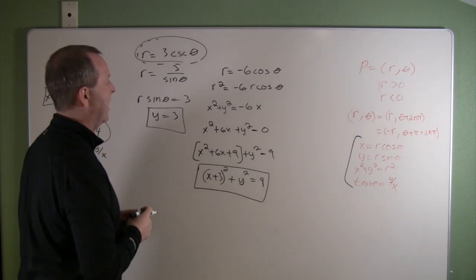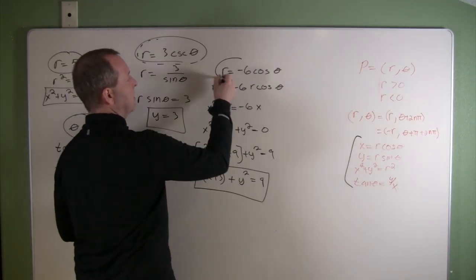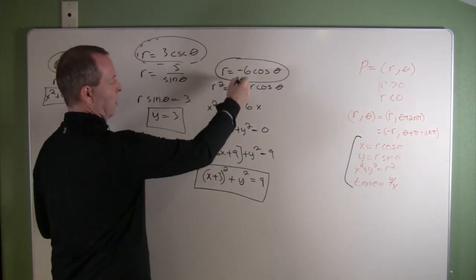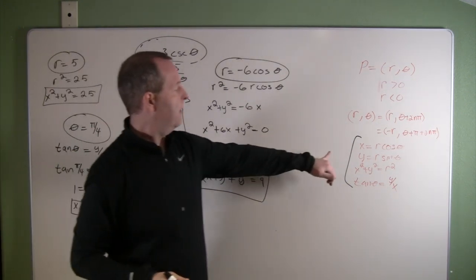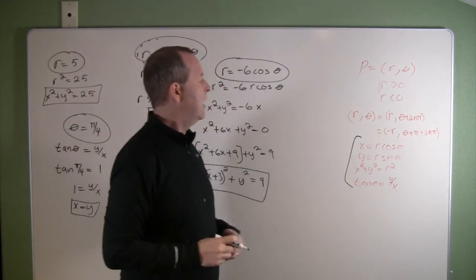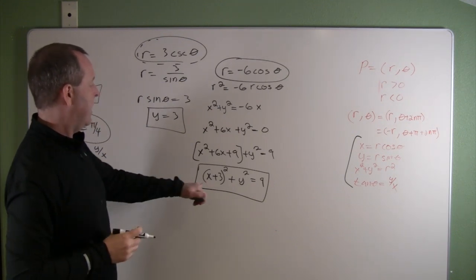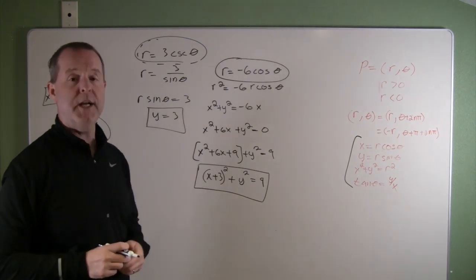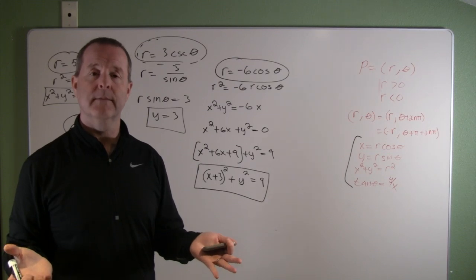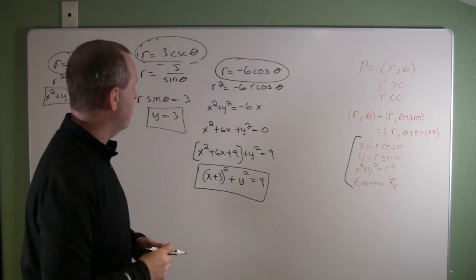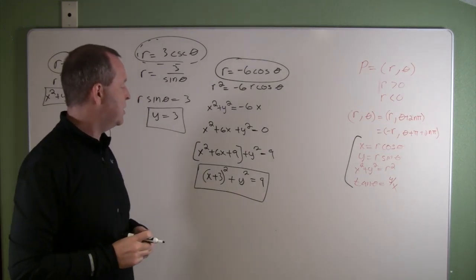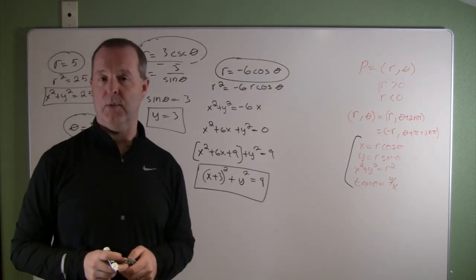And so I'm able to transition this equation from polar coordinates, work through that, look for some opportunities to insert and transition, and I wind up with an equation that's a little familiar to us. It'll become more familiar as we continue our practice, but that's the equation for a circle in XY form.